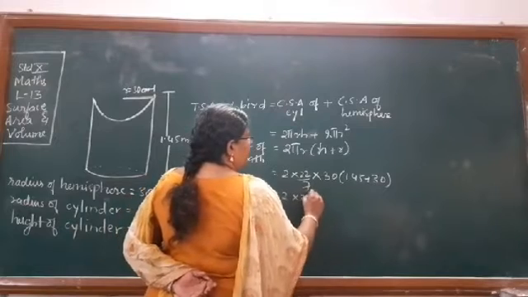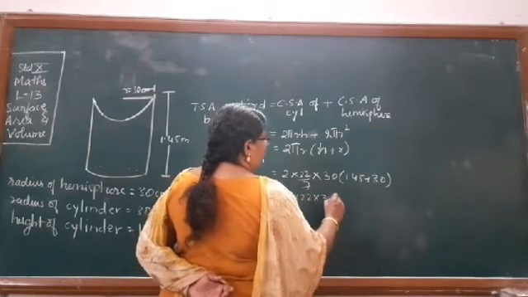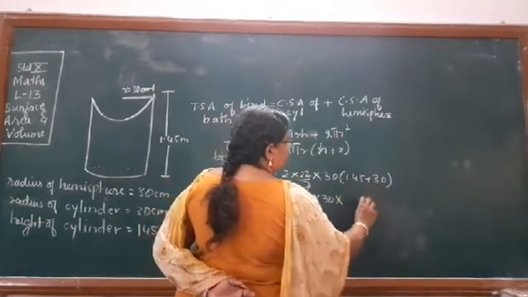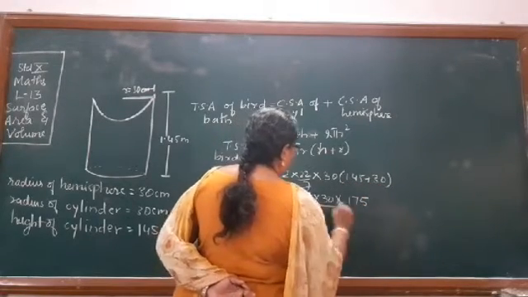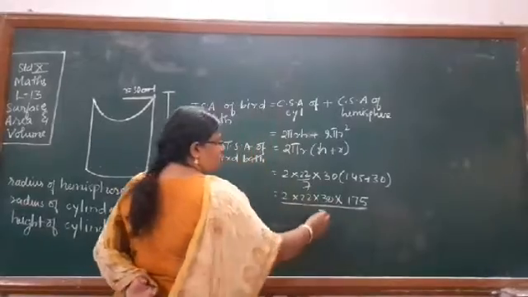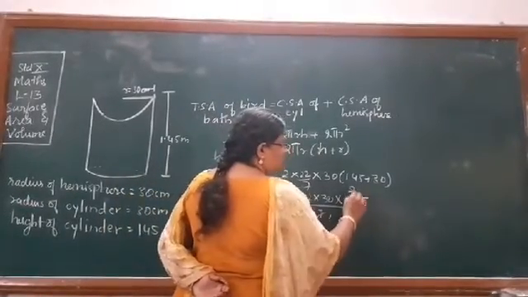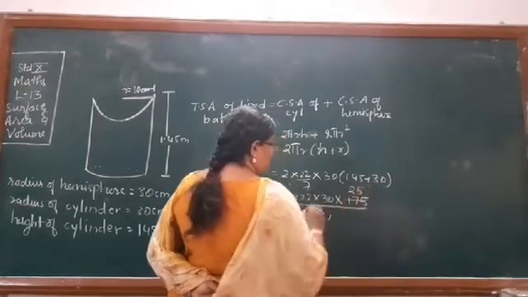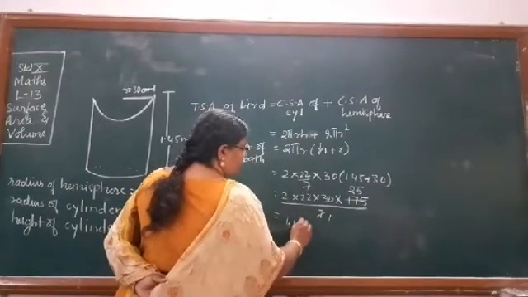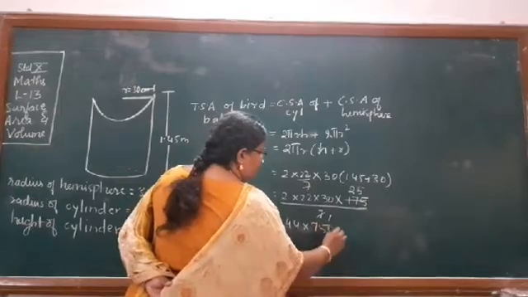2 into 22 into 30 into 175 upon 7. 7 ones are 7, 7 twos are 14, 3 will be remaining, 7 fives are 35. So 44 into 750.